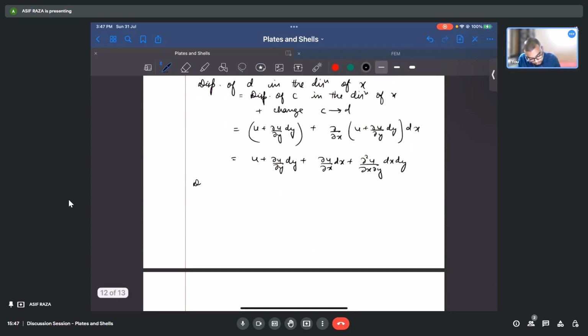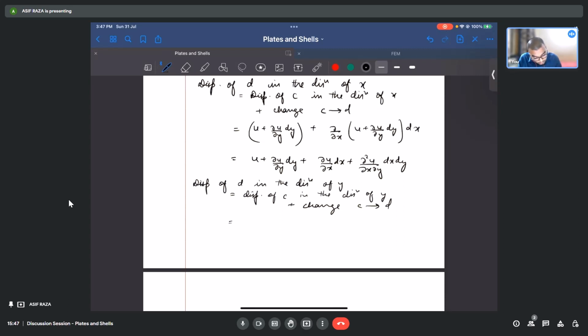So these are for the displacement of d in the direction of y, displacement of c in the direction of y, plus change and reach point c to d.